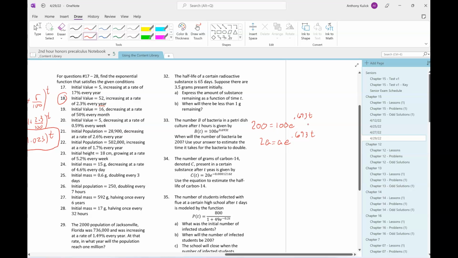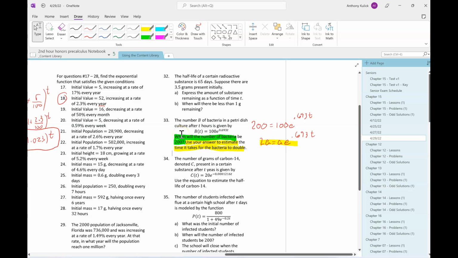Is that okay? Notice that this is answering the time it would take to double, which will be the same answer as that one. So the answer to both questions is going to be identical. I'm just pointing that out to save us a little bit of time instead of doing two separate things.